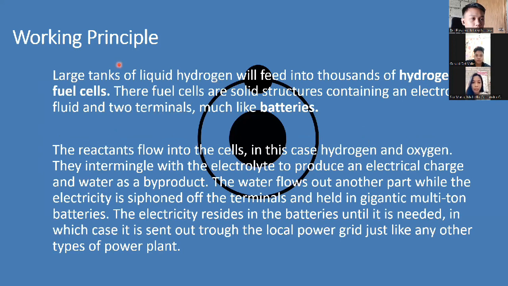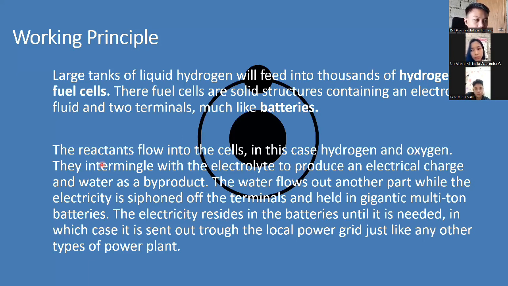Working principle. Large tanks of liquid hydrogen will feed into thousands of hydrogen fuel cells. These fuel cells are solid structures containing an electrolyte fluid and two terminals, much like batteries. The reactants flow into the cells, in this case hydrogen and oxygen.